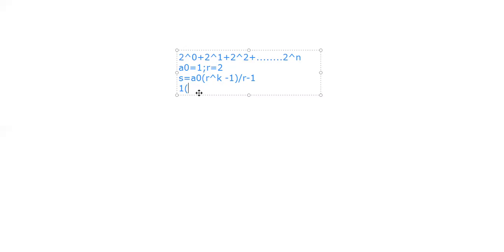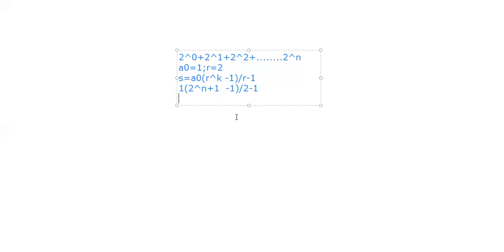So r here is 2, and k is n plus 1, so 2 power of n plus 1, minus 1, divided by r minus 1. R is 2, so 2 minus 1 is 1.